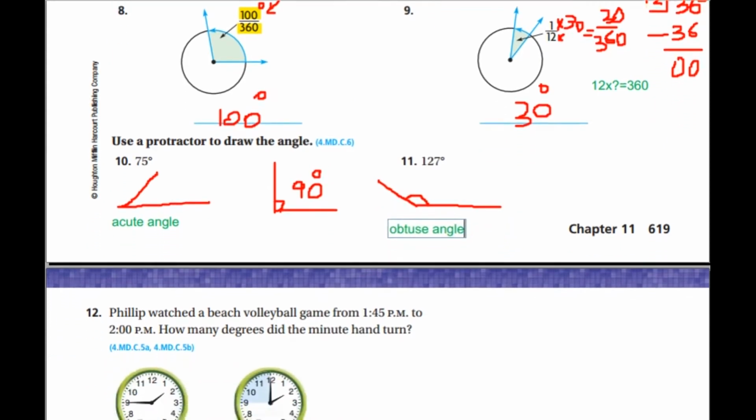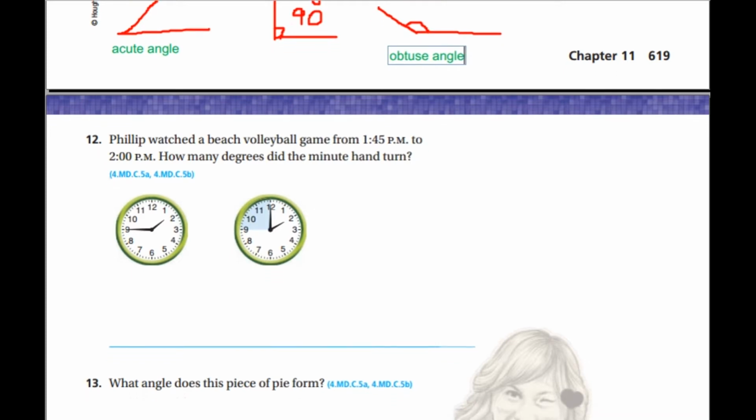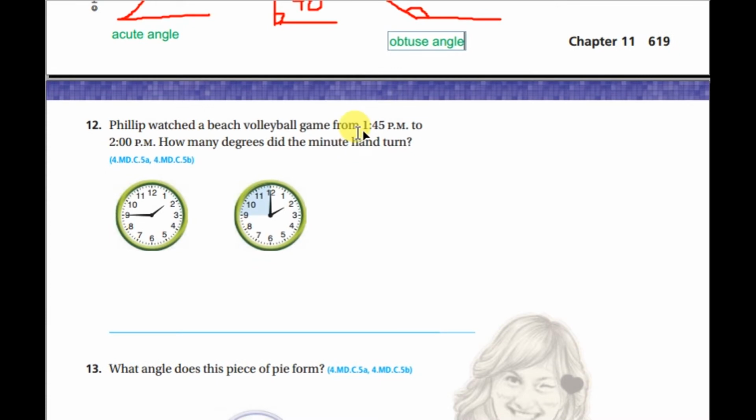Okay, let's go to number 12. Philip watched a beach volleyball game from 1:45 p.m. So this first clock shows 15 minutes to 2, or 1:45, until just 2 o'clock. So this is the 2 o'clock.